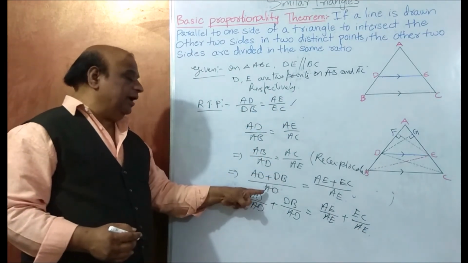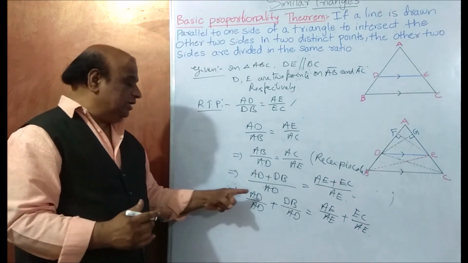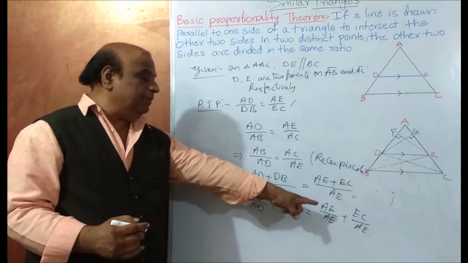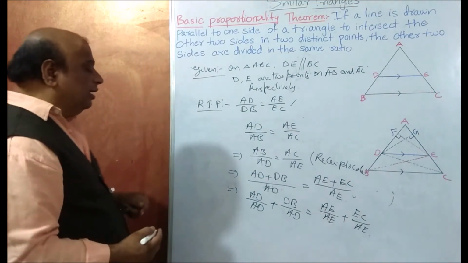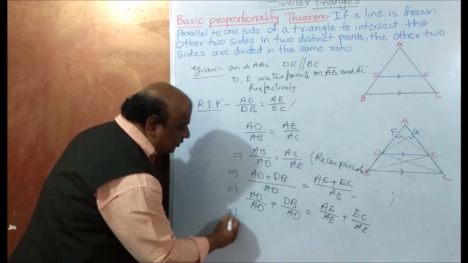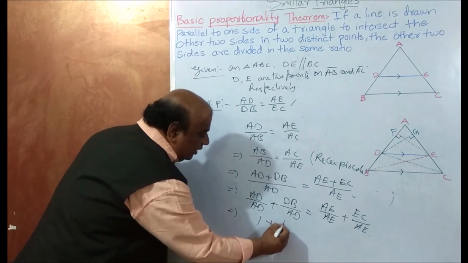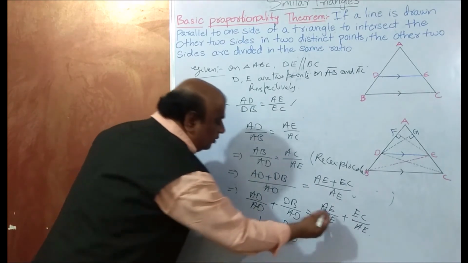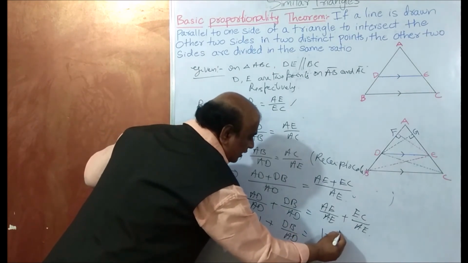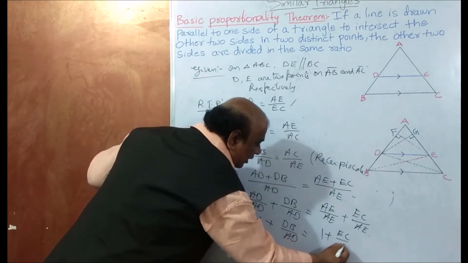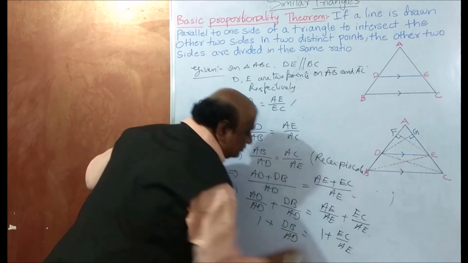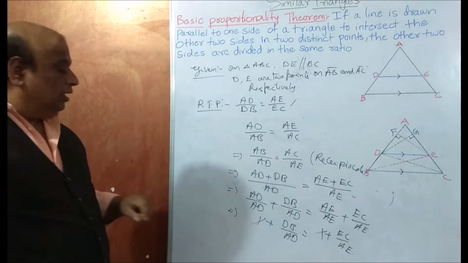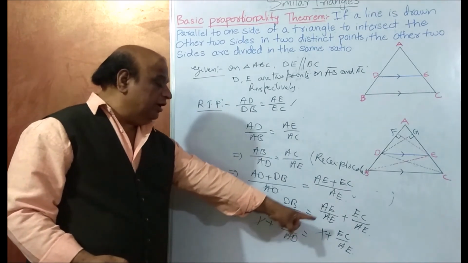You divide the two fractions. AD by AD plus DB by AD is equal to AE by AE plus EC by AE. Ultimately, what is the answer here? 1 plus DB by AD is equal to 1 plus EC by AE. The 1s automatically cancel. Now DB by AD is equal to EC by AE.